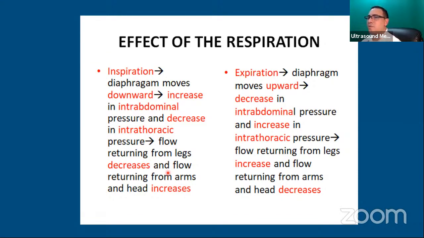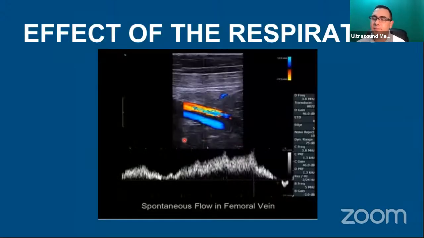So like I said before, inspiration and expiration create this phasic flow in the veins, something like this right here. Right now I have my sample volume in the femoral vein, and I see this phasicity, this up and down, right?